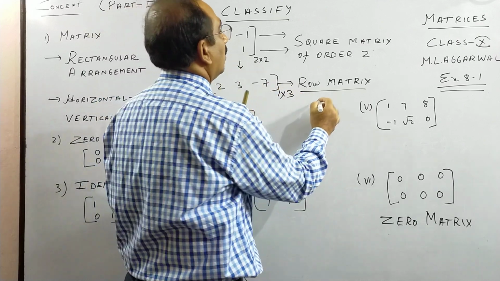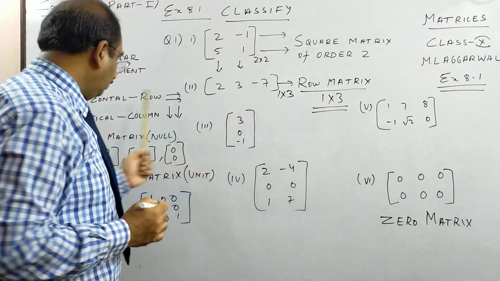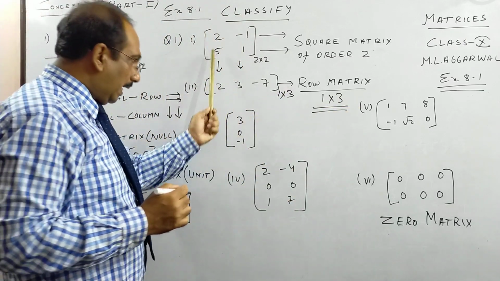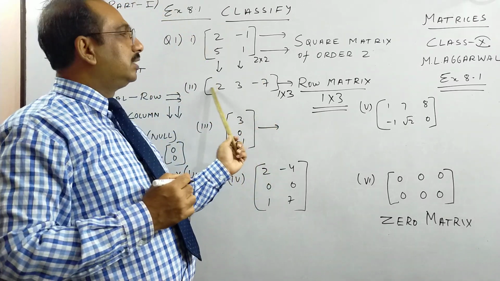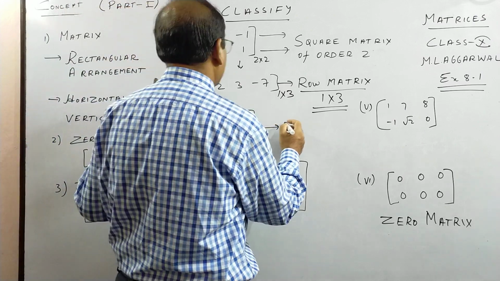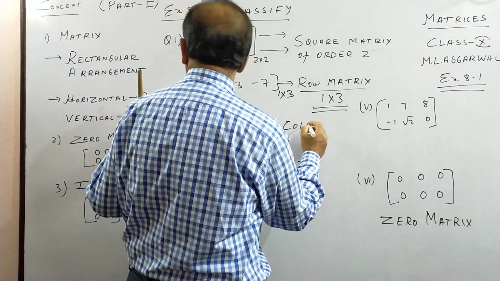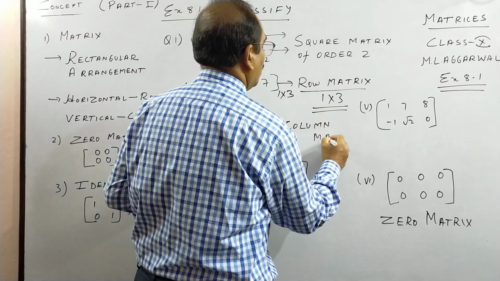So this is 1 by 3. First we see the row, and then 3 columns. This is called a row matrix, it has 1 row. This is called a column matrix. Why? Because it has 1 column.